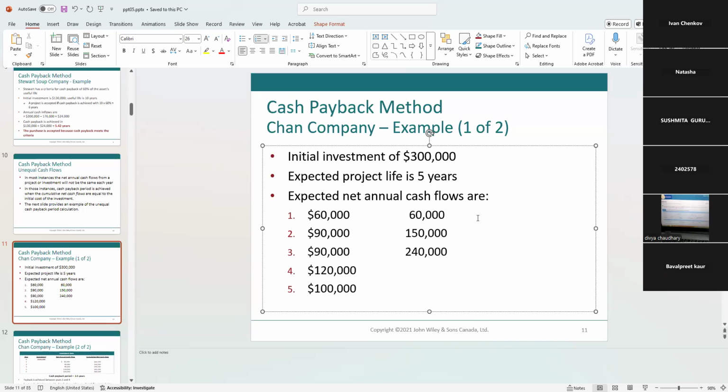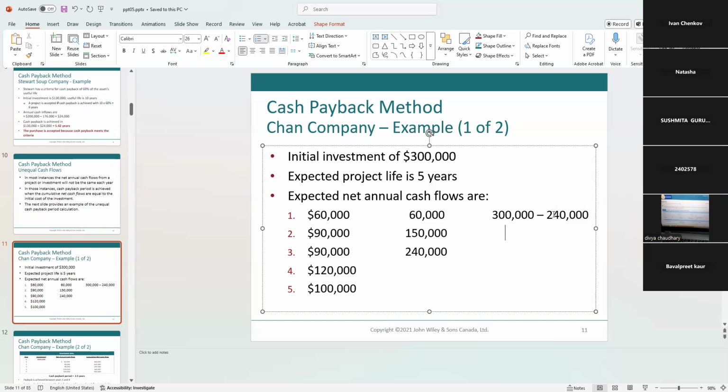Second option is start with the 300 and start deducting. 300 is my investment. So after the 1st year, how much is left? Once I collect 60, I'm going to have 240 left.